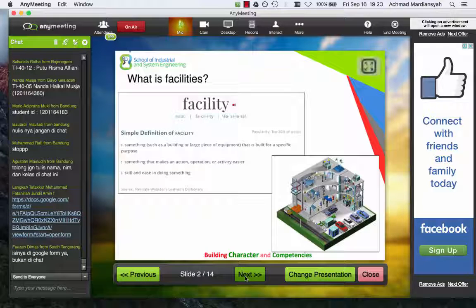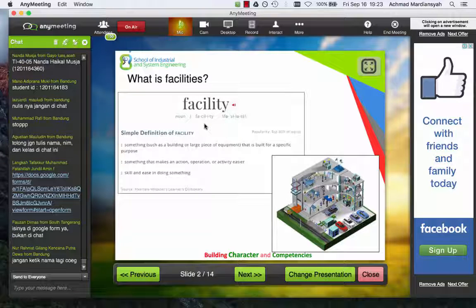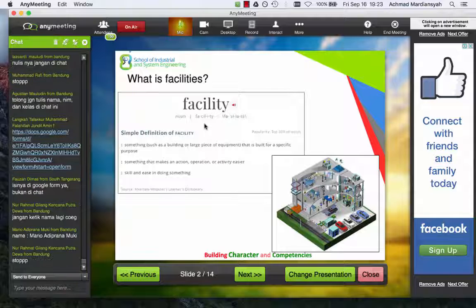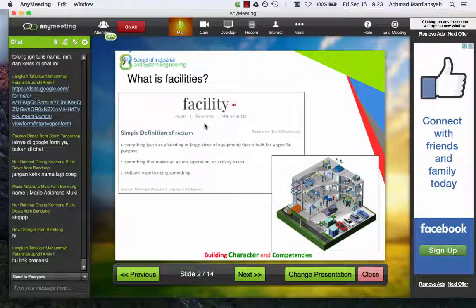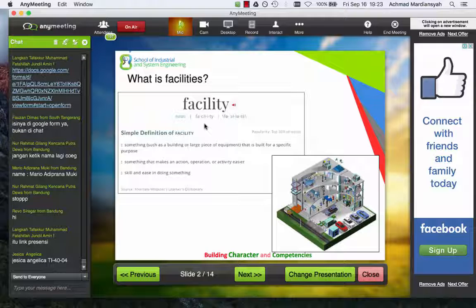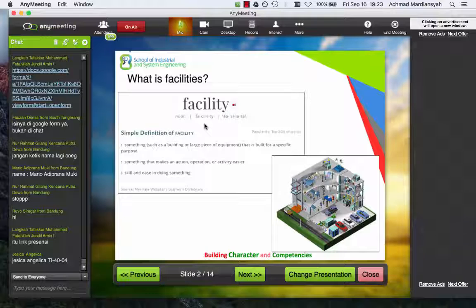So what is a facility? A facility, by definition, is something that can be built, or equipment that is built for a specific purpose. Also, a facility can be something that makes an action, operation or activity easier.